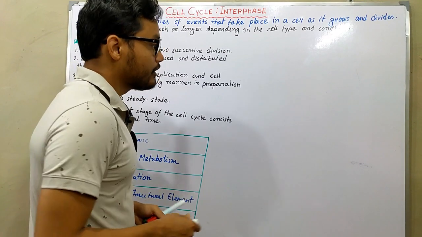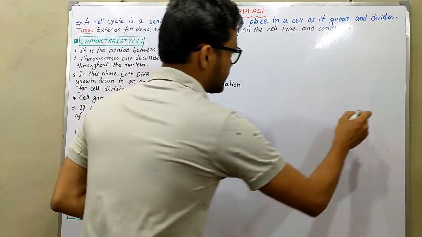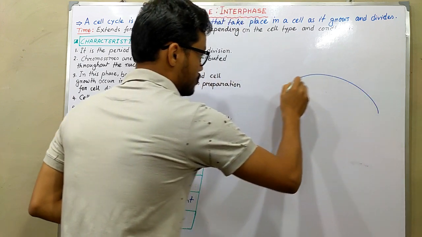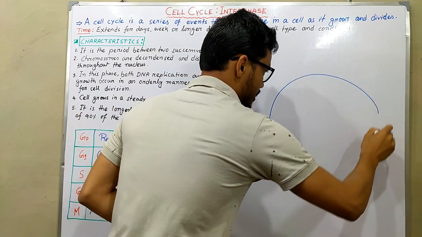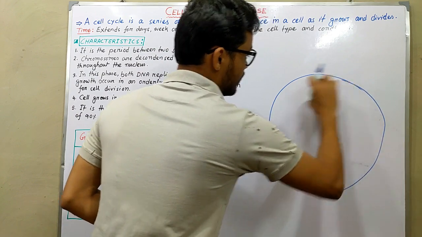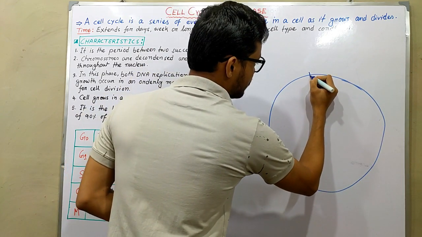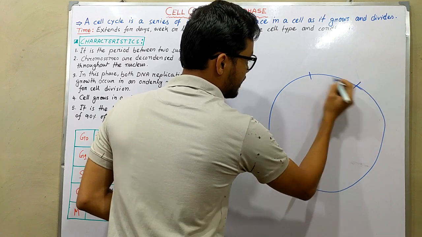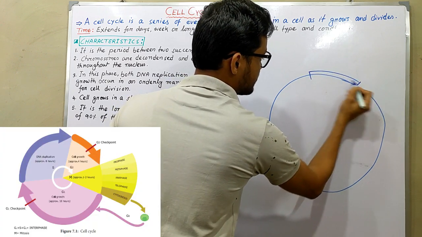If we take a look at the diagram of the cell cycle, we have a round shape diagram in which a little bit of space is occupied by the M phase.